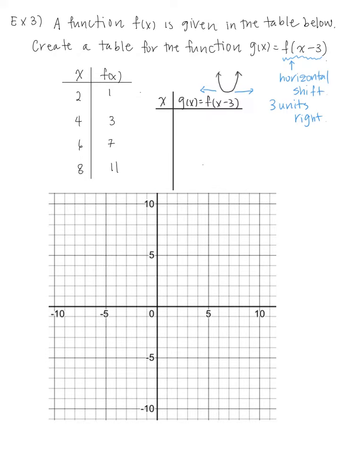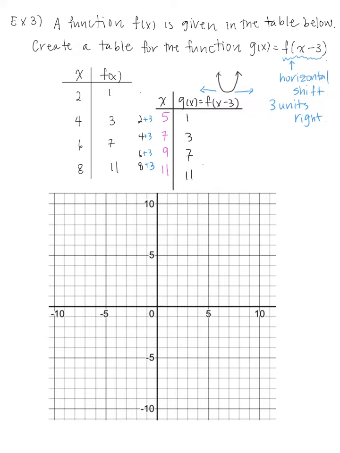So if I did it that way, then I'm just going to keep this 1, 3, 7, 11, and then all I have to do is add 3 to each of the values of x from the mother graph. So this is going to be, let me just write 2, 4, 6, 8, and I'm going to add 3. So the new values are going to be 5, 7, 9, and then 11.